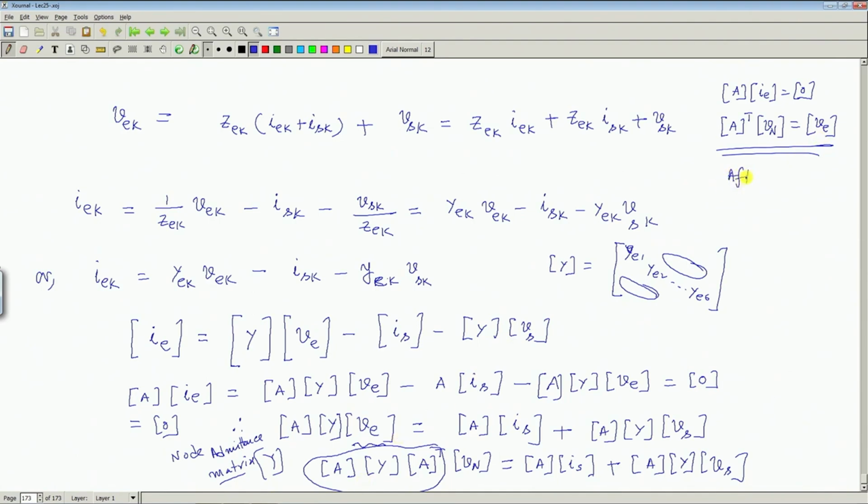After getting V n, by solving this network, multiply with the inverse on both sides, you will get node voltages. If you get node voltages, element voltages can be easily calculated. V is equal to A transpose into V n. Element voltages across each element, these voltages are known.